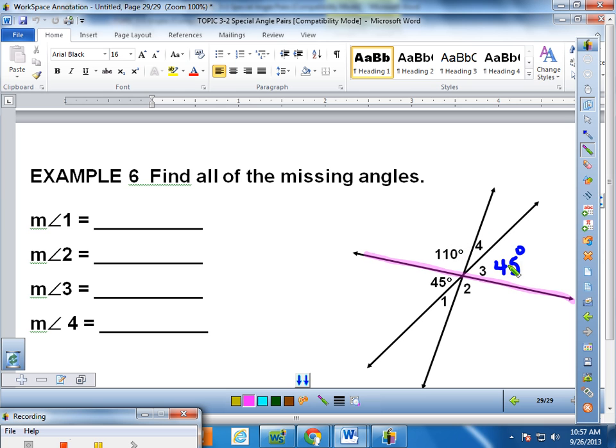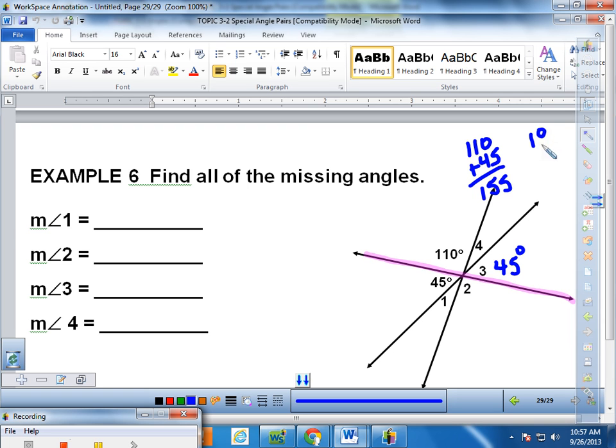Notice the straight line that we have here. If I add all of these together, they're going to equal 180. So I'm going to add 110 and 45, and then I'm going to subtract from 180, and that's going to tell me the measure of angle 4. So that's going to give me 25. What I did to get that, I took 110 and I added 45. That is 155.